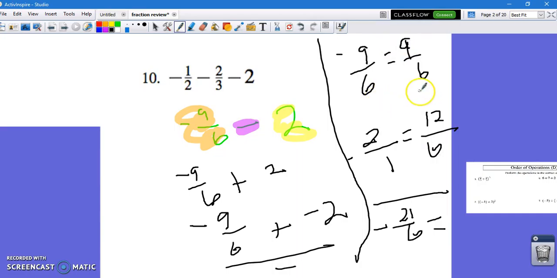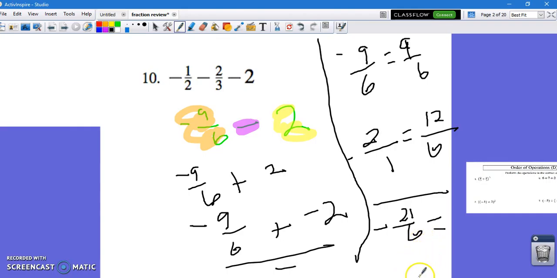Wait, I'm backing up for a second because something doesn't feel right. Okay, so I have negative 9 minus this, which gave me 9 over 6 and a 2 over 1. 6 goes into 6 one time, that's 9. 1 will go into 6 6 times. 2 times 6 is 12.